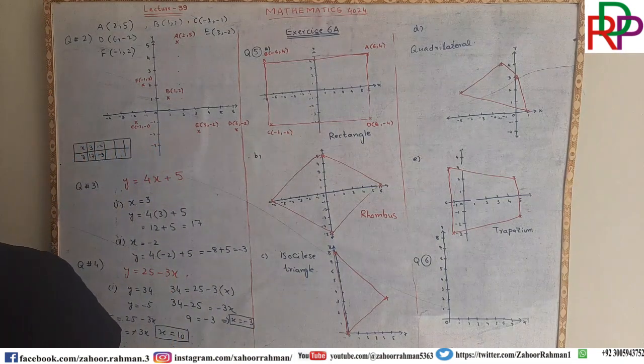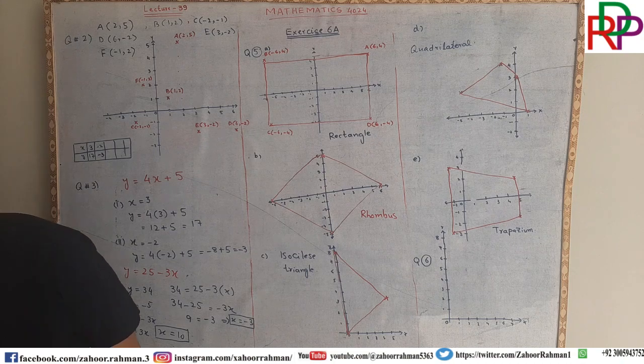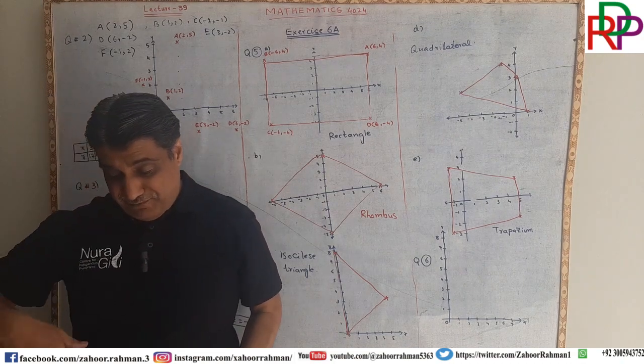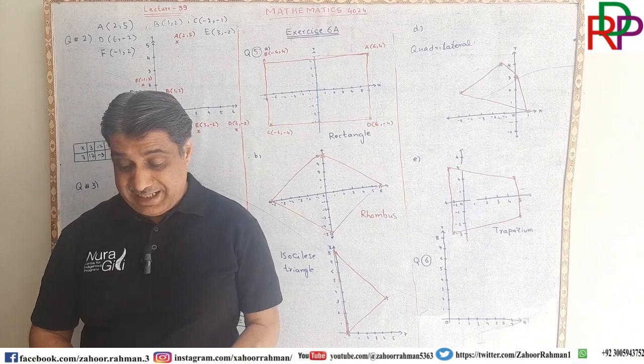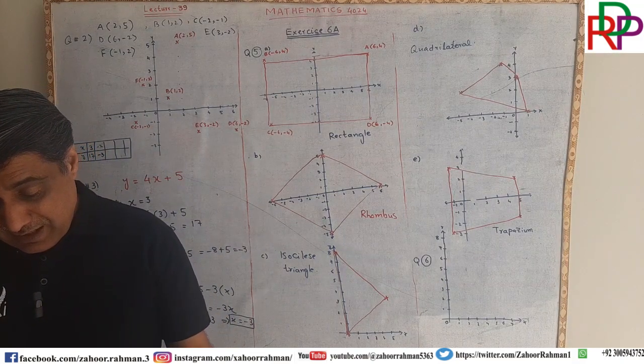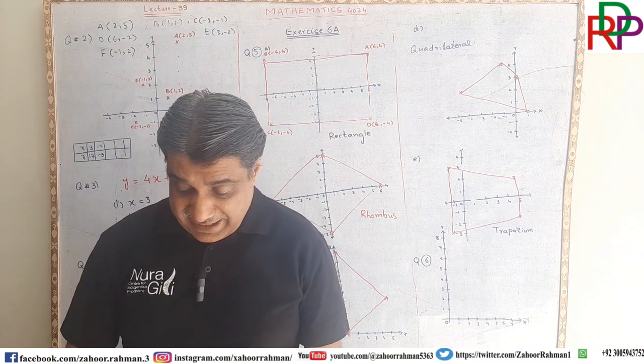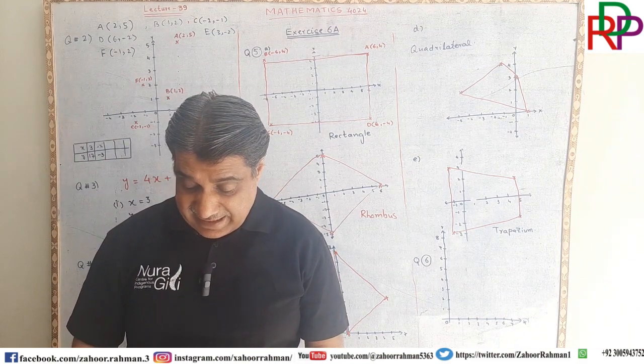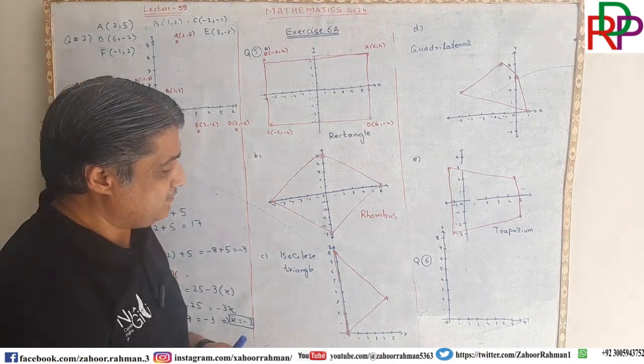Now, the next question is question number 6, and it is a step further. We have to find the area using the graph of a shape. The vertices of a right angle triangle are 1, 0.